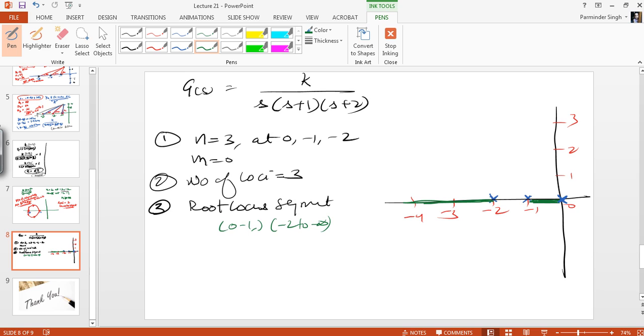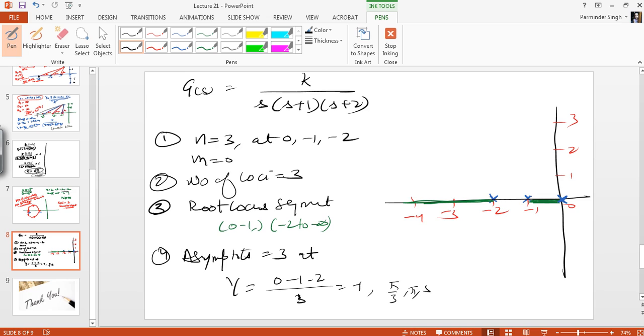Clear? Now fourth point, asymptotes. 3 at center of gravity: 0, -1, -2 over n minus m, 3 at -1. So -1, angles pi by 3, pi and 5 pi by 3. So one angle is this, the other angle is somewhere here, and the third angle.